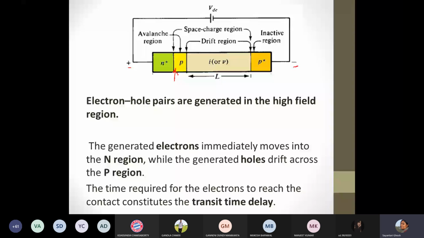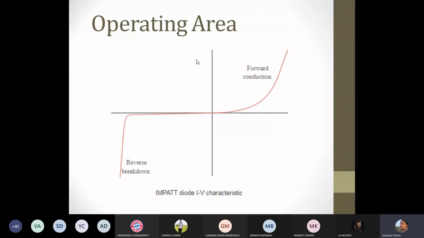Okay, so the IMPATT diode will work on the reverse breakdown region of the diode. So this is the operating area of the diode. I have to connect my battery in such a way that the junction is at the verge of this reverse breakdown voltage, somewhere here. So this is the amount of biasing we're looking for.